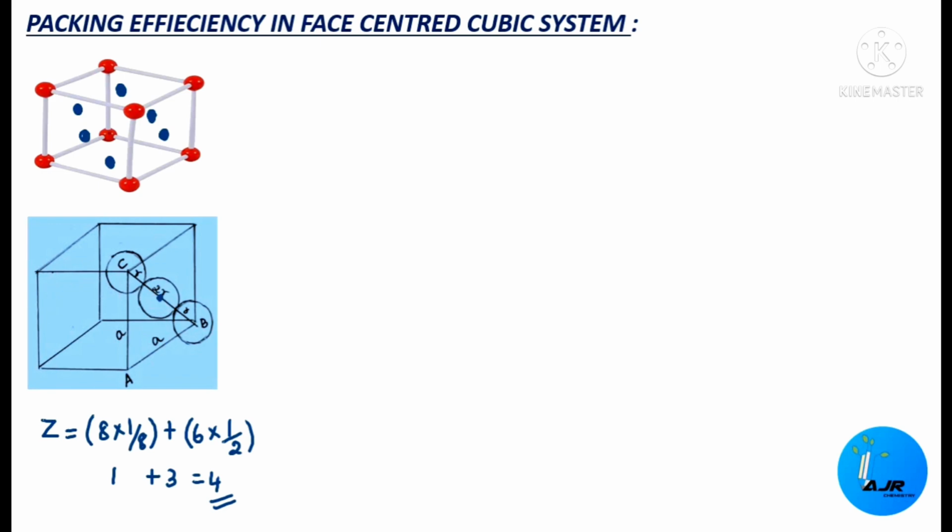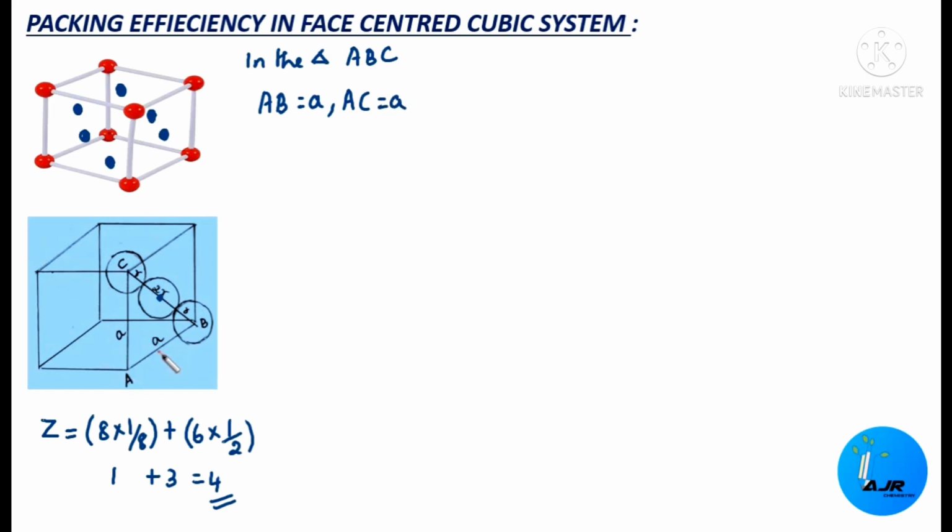Okay, and let this one be A and this be B, and let this be C. And what is the edge length? A, and this is A. Okay, now we have got a triangle, is it not? A, B, C. We have got a triangle. So in the triangle ABC, AB is equal to A and AC is equal to A. Am I right?